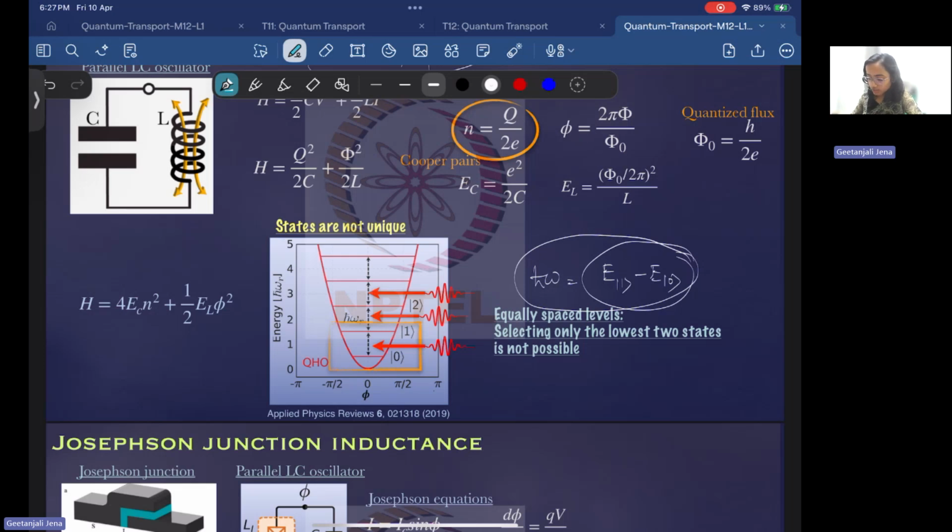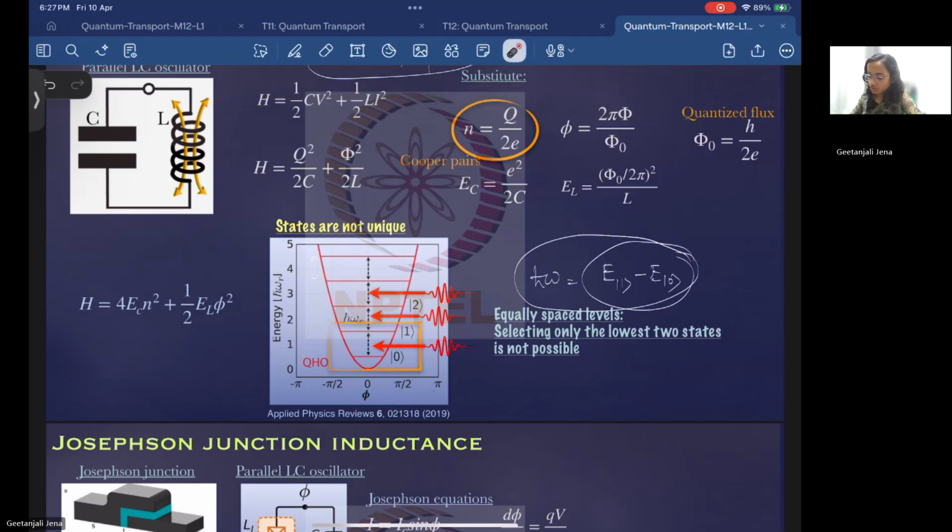But if you look at this simple harmonic LC oscillator, we are not considering the superconducting qubit here. We are mostly discussing the simple LC oscillator till now. If you look at these energy gaps, we can see that these energy gaps are equal.